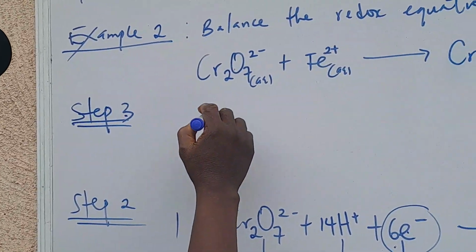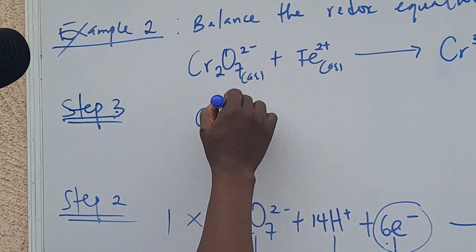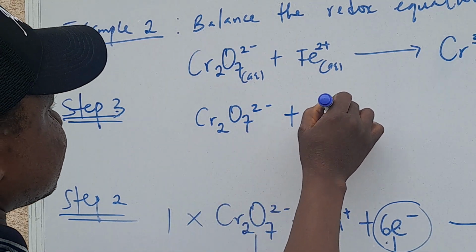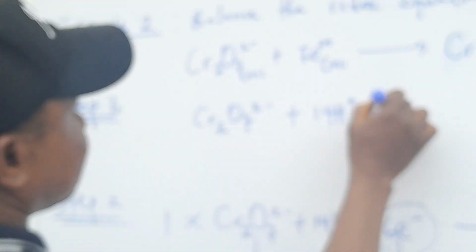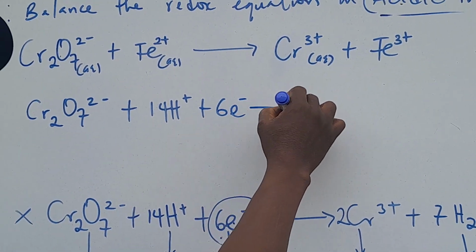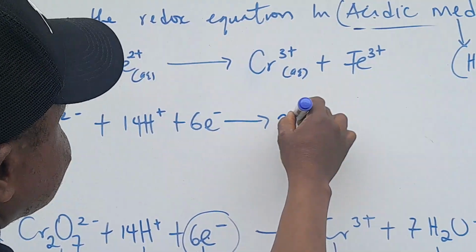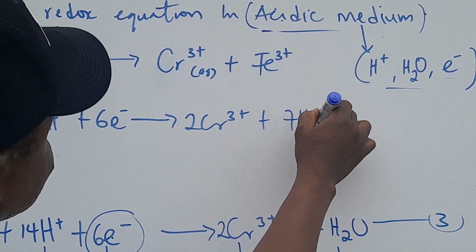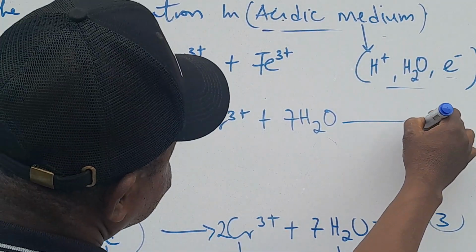We are going to have Cr2O7 2- plus 14H+ plus 6e- going to 2Cr3+ plus 7H2O, equation 5.